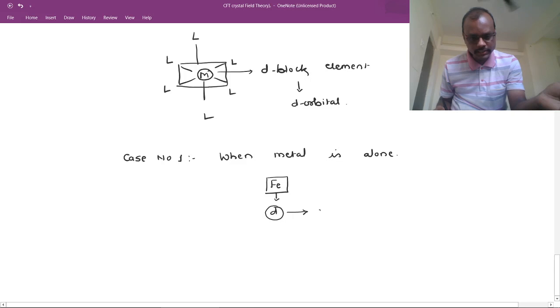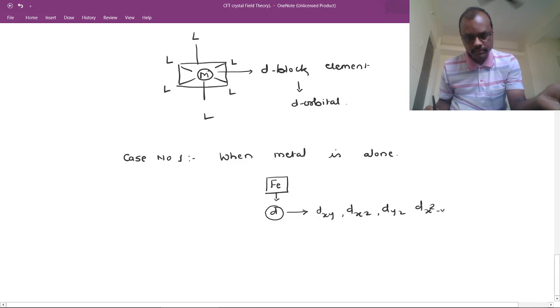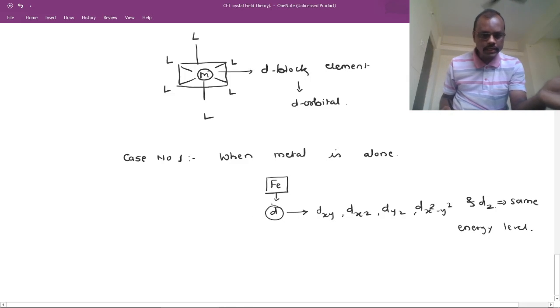The d orbitals, that is dxy, dxz, dyz, dx square minus y square and dz square, all have the same energy level. So the first thing to note is that when the metal is in the absence of any ligand, the d orbitals have the same energy level.